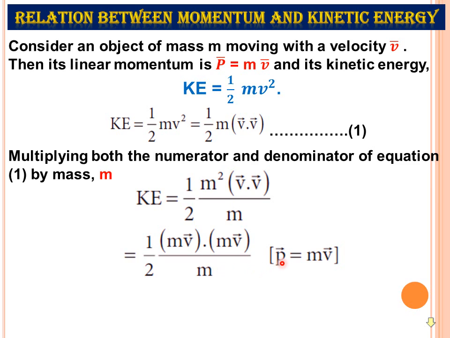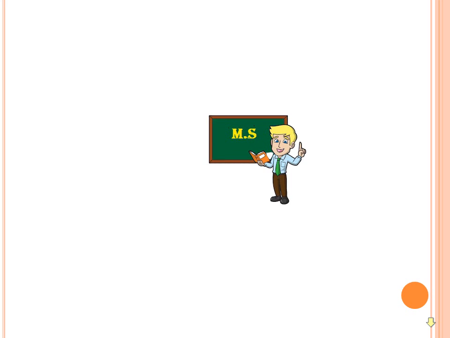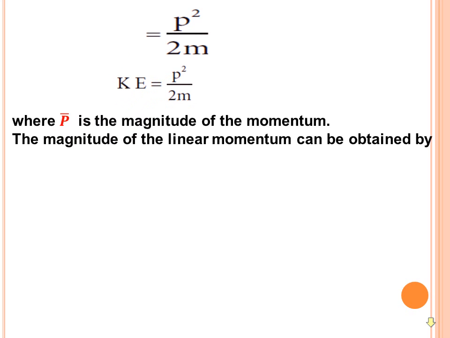As you know, p vector is equal to m times v vector, from the linear momentum. So we got 1/2 p vector dot p vector divided by m, that is equal to p² divided by 2m. Kinetic energy is equal to p² divided by 2m.